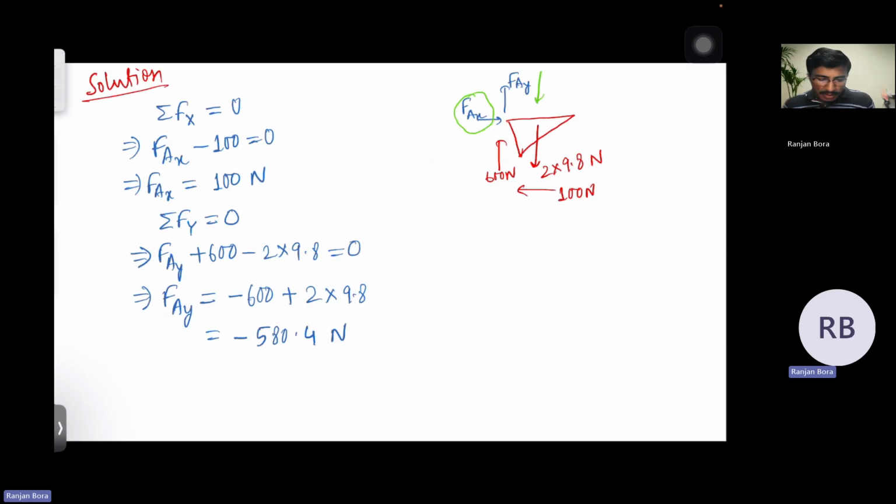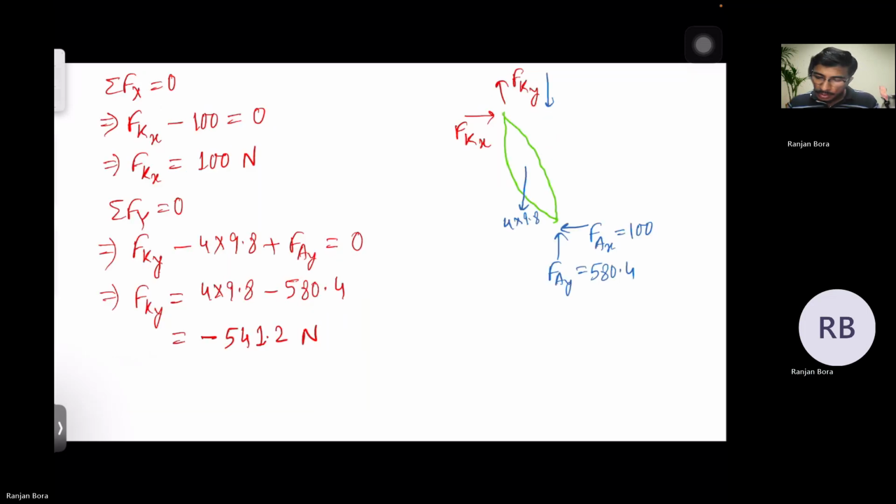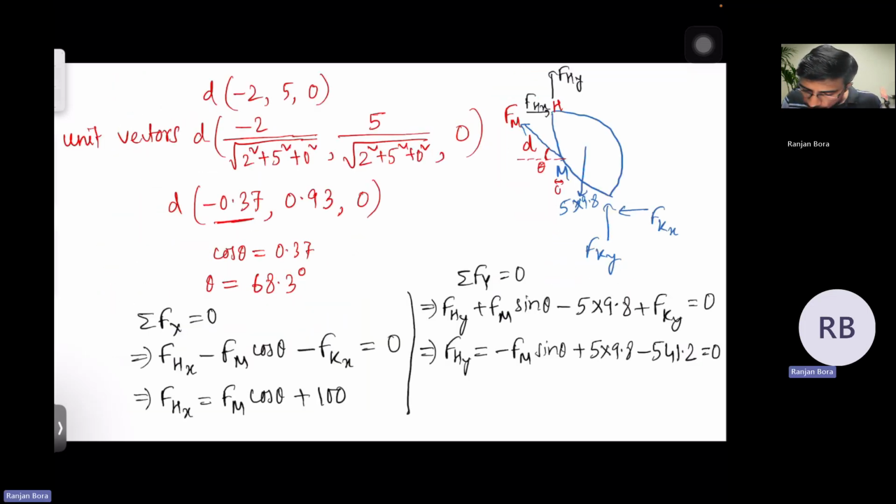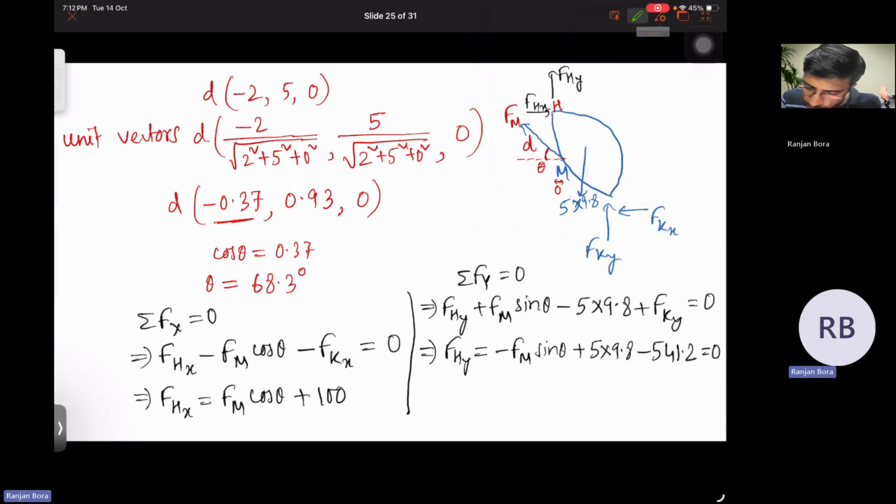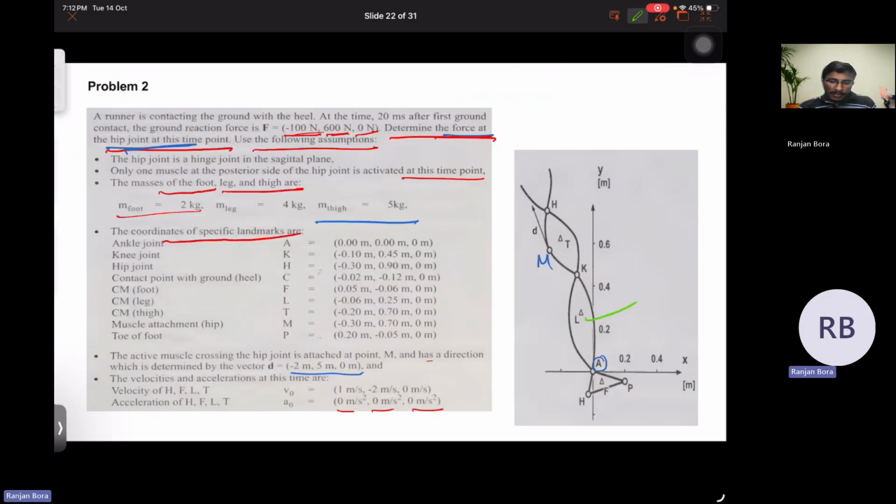You can see some coordinates are given in the problem. This H and M: the coordinate for H is minus 0.3, 0.9, and the coordinate for M is minus 0.3, 0.7.